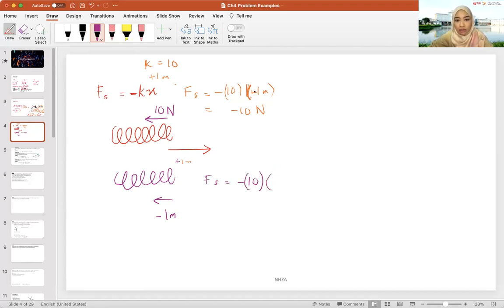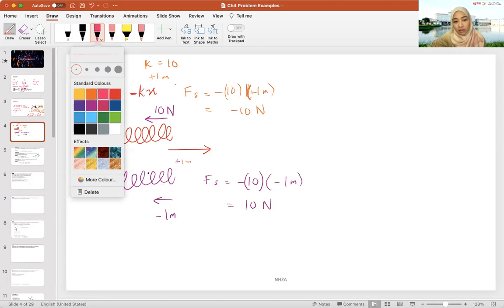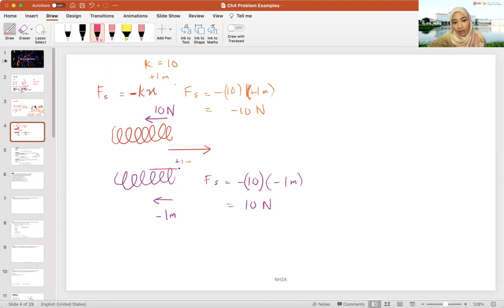Now this positive 1 meter becomes minus 1 because you are compressing it. It is going to the left. I'm going to assume that's a negative. So this becomes positive 10 Newton. So what does that mean? It means that the force of this spring is going to act to the right because of the positive 10 Newton. This was negative.